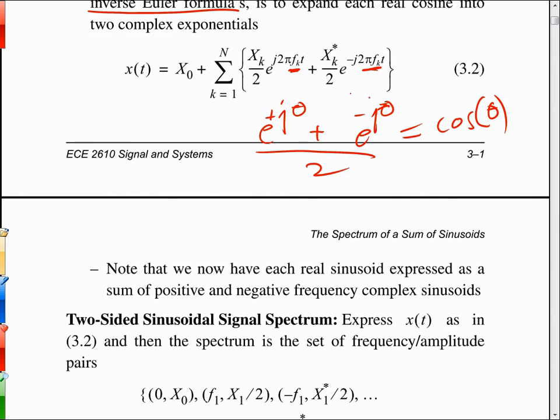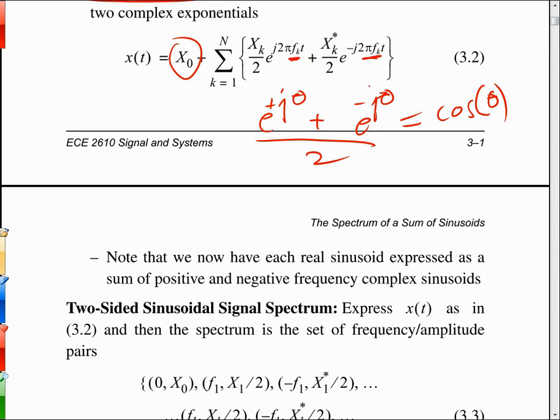So if we look at what characterizes this waveform in the frequency domain, we can look at all of the parameters inside of that equation 3.2 and see that we have one parameter set is just what's going on with this DC term, and that has the fact that it's a frequency at 0 and an amplitude of x0.